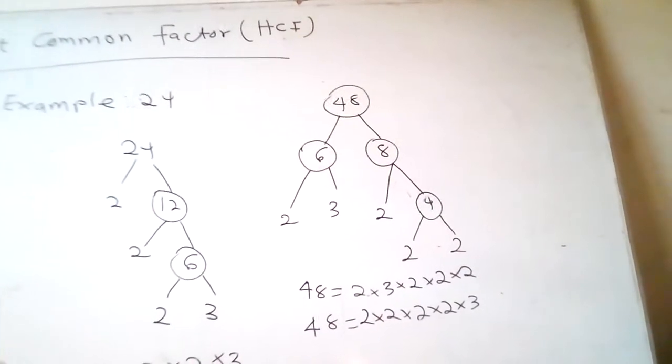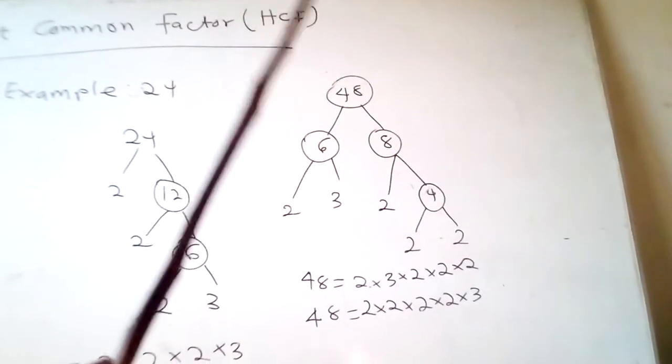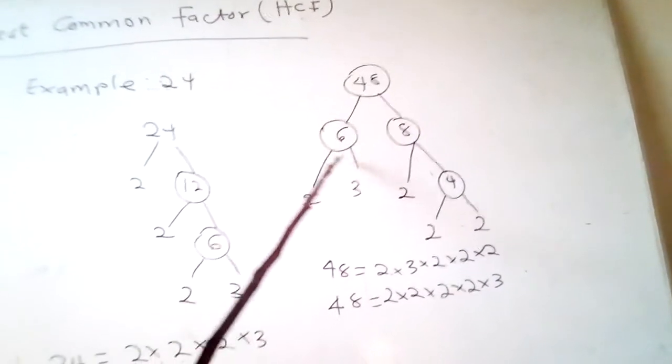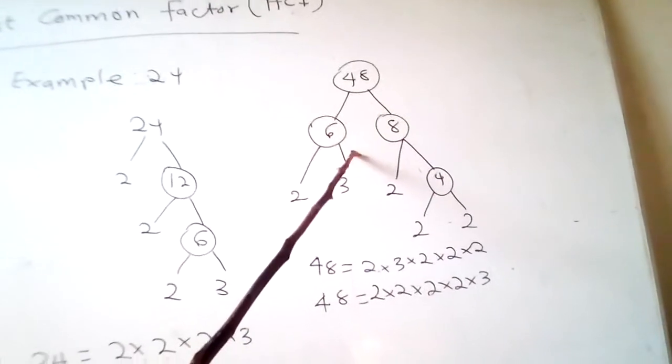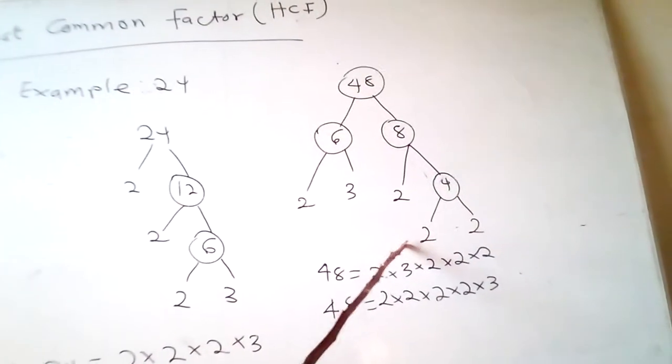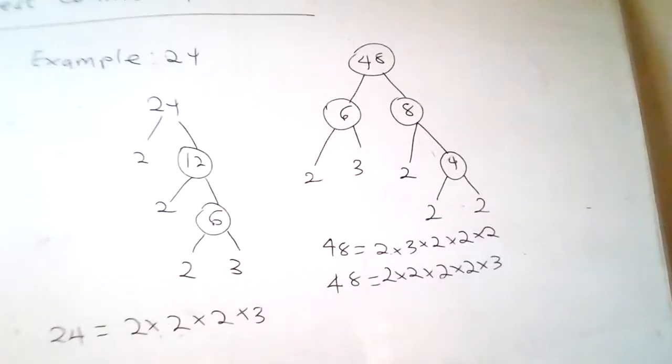And let's look at 48. 6 can go into 48 8 times. 2 can go into 6 3 times. 2 can go into 8 4 times. 2 can go into 4 2 times.